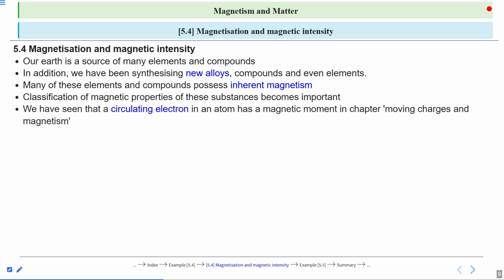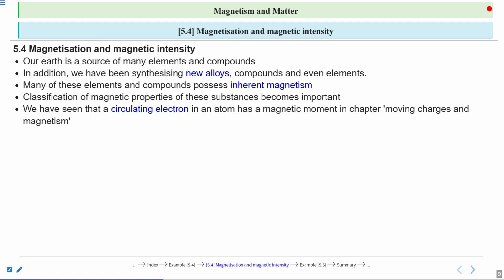So electrons are circulating, revolving around the nucleus in the atom, in approximately circular motion, and this can be considered as a circular loop.